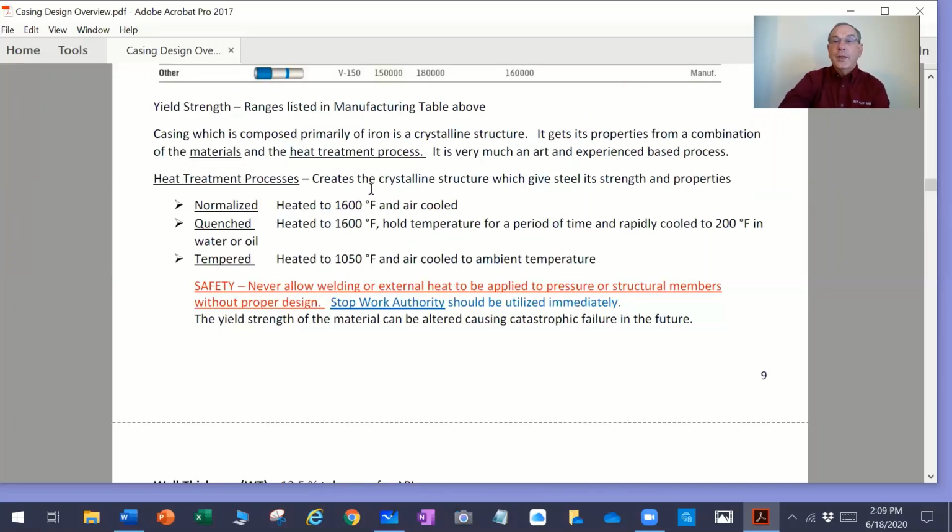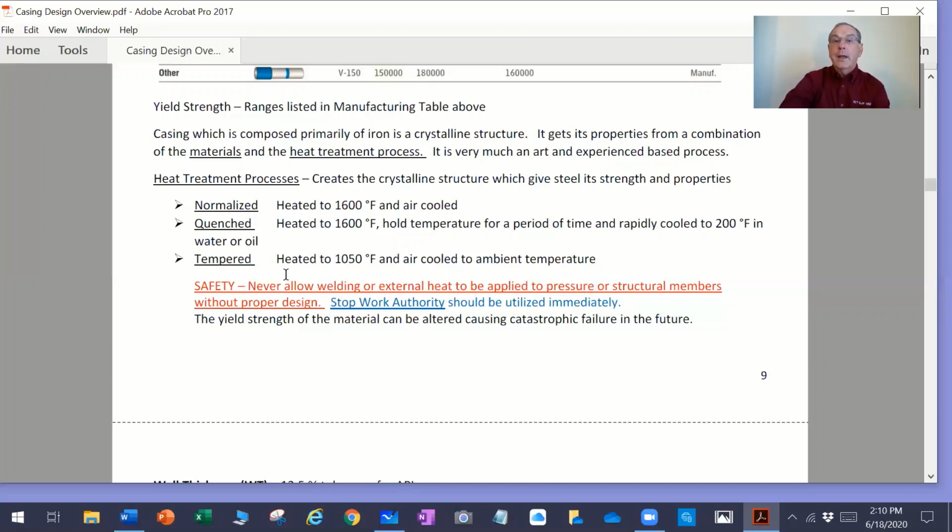So this brings about a safety issue that everyone should be very much aware of, and I talk about this every chance that I can in the world that we operate in. From a safety standpoint, we should never allow welding or external heat to be applied to any pressure or structural member without proper design. I'll give you an example of that. Let's say the derrick leg.